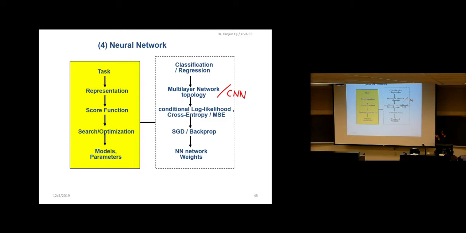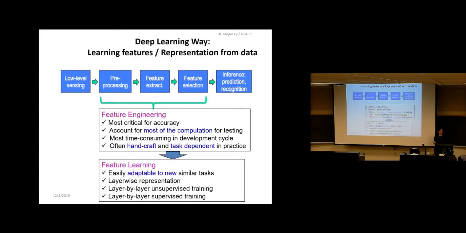And then again, cross entropy for classification, mean square error for regression. And this also, of course, can be used for regression. And the fundamental, most basic algorithm is backprop. And the model is just neural network weights. They're all different layers. All right, I'm moving to next.